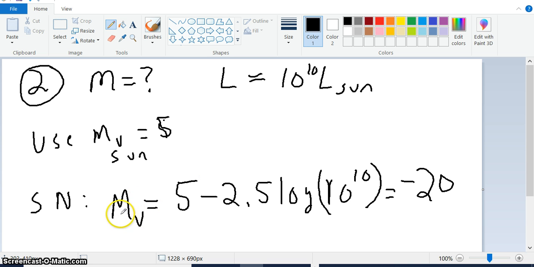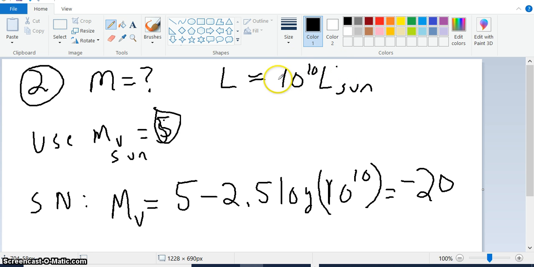You just say the absolute magnitude, which is capital M sub V of the supernova, is 5, which again, we're using this number that was given to us. It's normally 4.8, but we'll just use 5 for simplicity. Minus 2.5 times the log of the luminosity of the object.